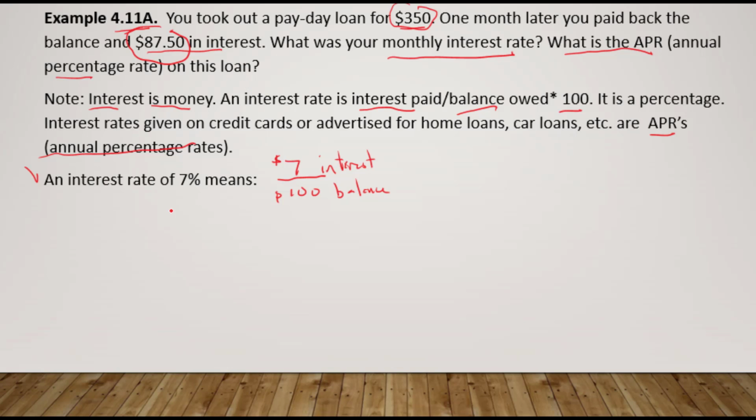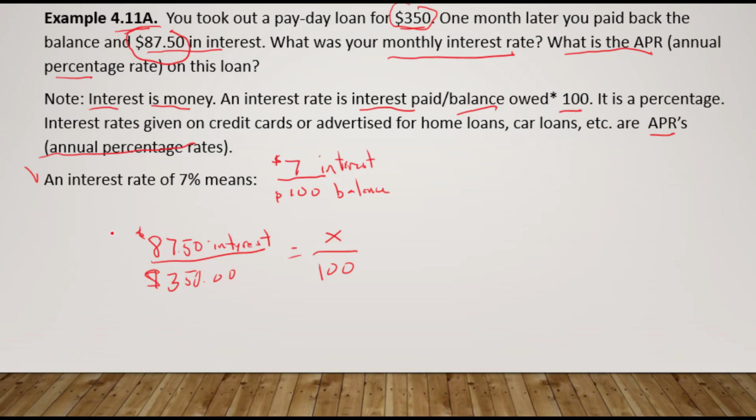So I'm going to use a proportion in this one. I'm going to say, okay, I paid $87.50 in interest on a balance of $350. And I just want to scale this to some number over 100.